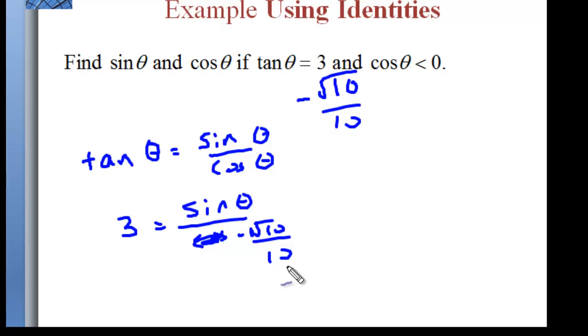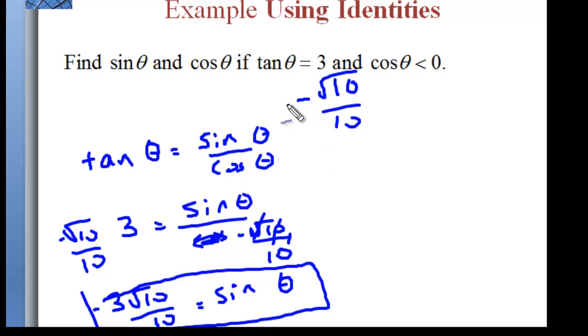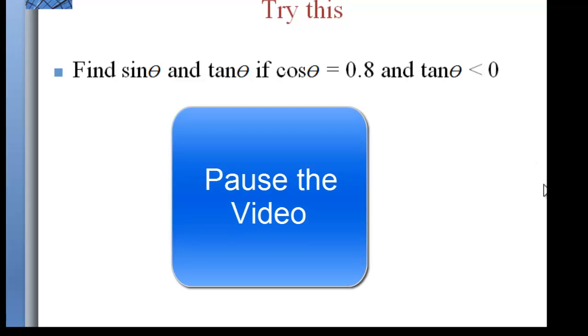So we're dividing by this, so we want to multiply both sides by negative root 10 over 10. That will cancel out. So sine is going to be negative 3 root 10 over 10. There's our sine, that was our cosine, and we were given the tangent. Pause the video and try this. Find both sine theta and tangent theta if cosine theta is 0.8 and tangent theta is less than 0.